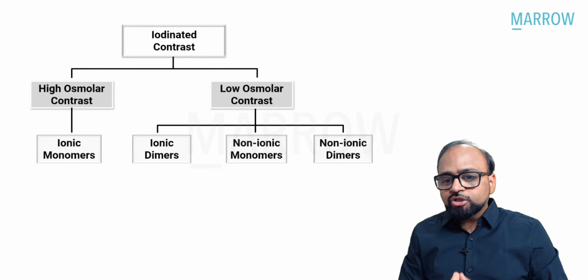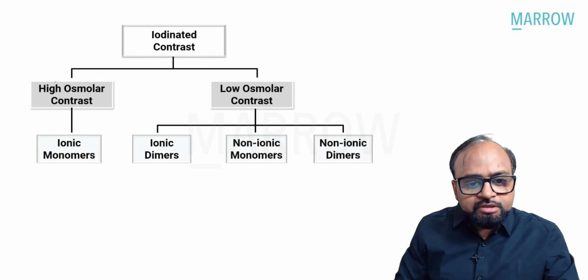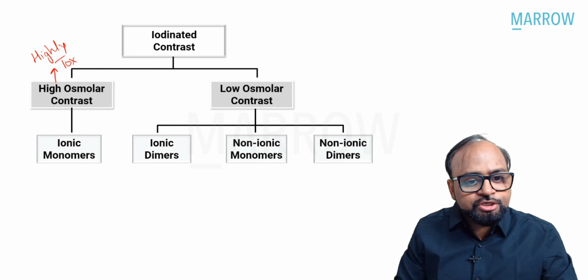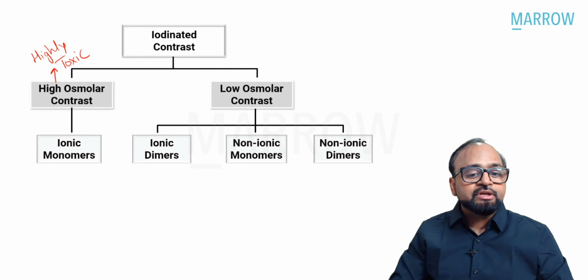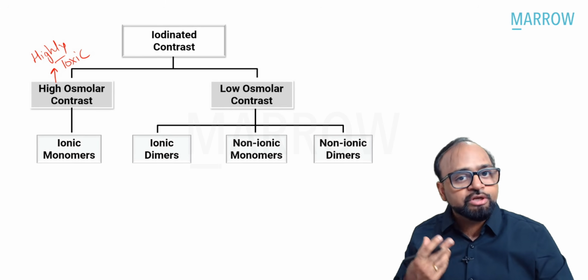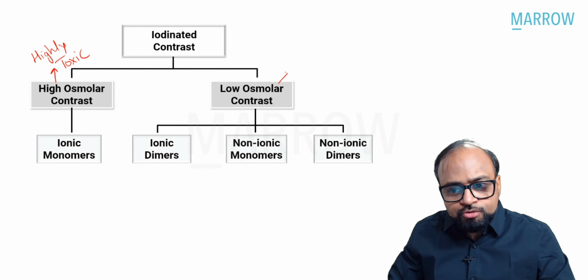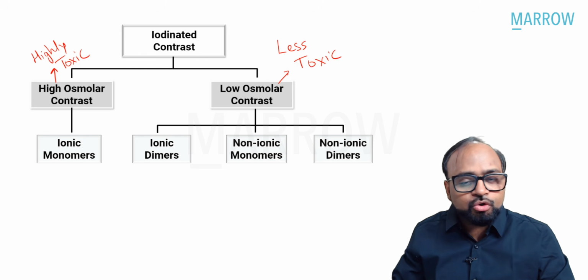If you look at the toxicity profile of these iodinated contrast media, remember that the high osmolar contrast agents are highly toxic. You'll find a greater degree of adverse effects, be it related to their osmolarity or to nephrotoxicity. Whereas these low osmolar contrast agents are relatively less toxic.